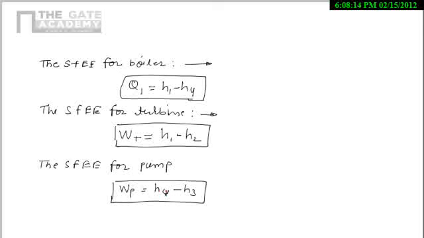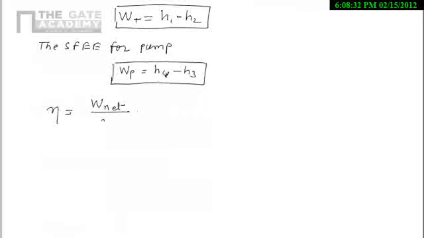If you know the enthalpy at each and every step of the substance, then we can easily calculate Q1, Wt and Wp. So we can easily calculate the efficiency. Efficiency is nothing but W net by Q1. W net is nothing but Wt minus Wp, divided by Q1. And if you put these values in terms of H1, H2, H3, H4, we will easily get the efficiency value.